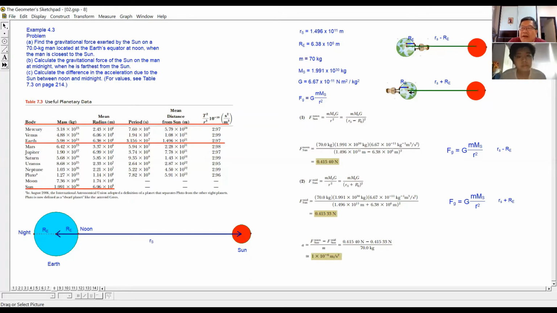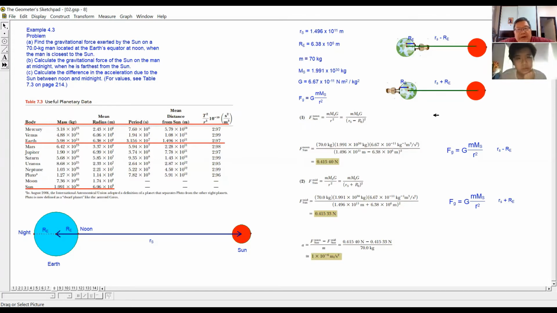Now, during the night, when the earth rotates to the other side, the man rotates to the other side, the distance between the man and the sun is not RS, it's not this green line, but it has a further distance away of RE, which is the radius of the earth.